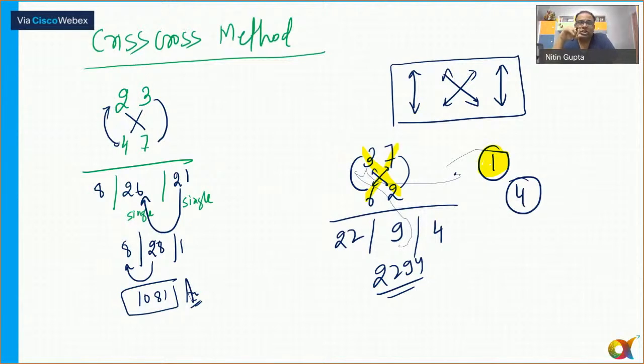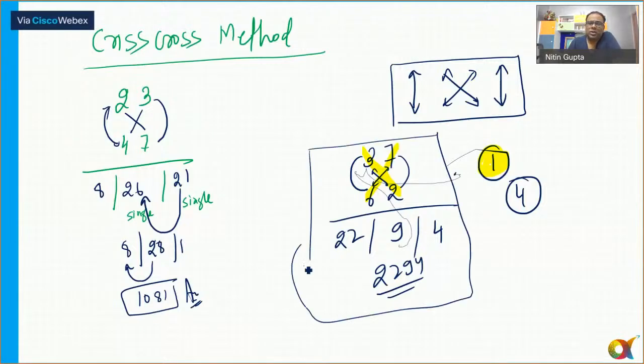So what we are doing actually, instead of multiplying by single digits and writing the numbers in 2 layers and adding, I am doing all the calculations in my mind and writing them in one line. So this is known as the crisscross method. Now a similar approach is also there for 3-digit numbers.